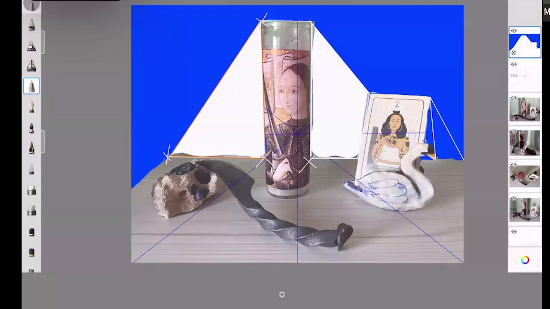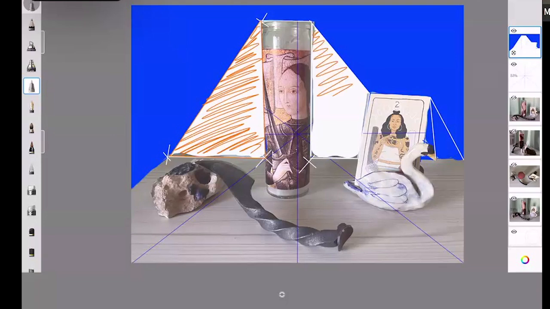So again, if I understand that in my drawing, I can look at this triangle that I drew and say, okay, is this triangle the same as what I see? Is this triangle the same as what I see? And if it's not, then that means you should remeasure and remeasure and remeasure and figure out where you've gone wrong. Okay. And so the negative space can be very helpful.